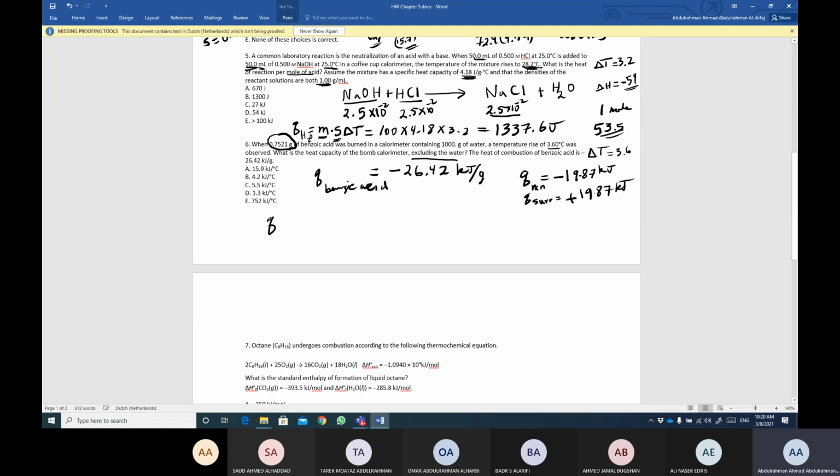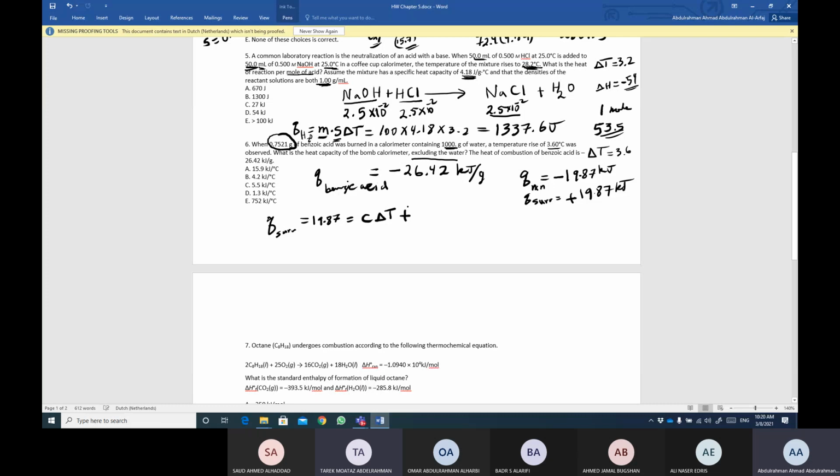The Q surrounding equals C times delta T plus what?